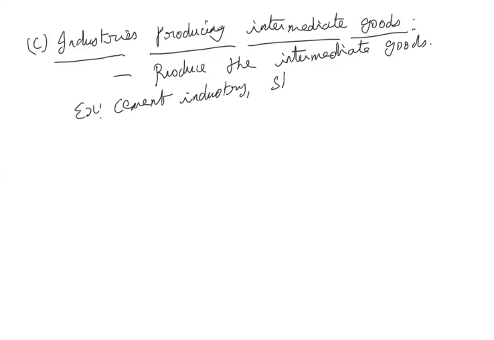Steel is an intermediary product. Buildings, bridges, so many things are being built, and steel is being used, isn't it? So the steel industry, the chemical industry. So many chemicals and drugs are all manufactured, medicines, isn't it? So the chemical industry.